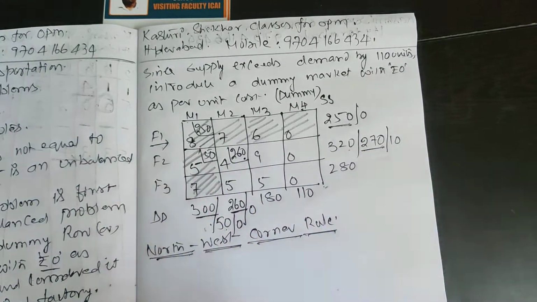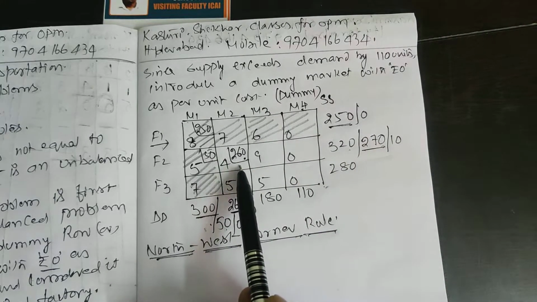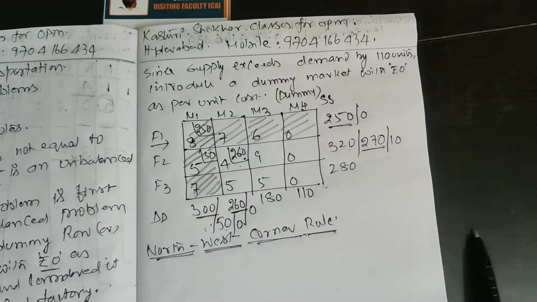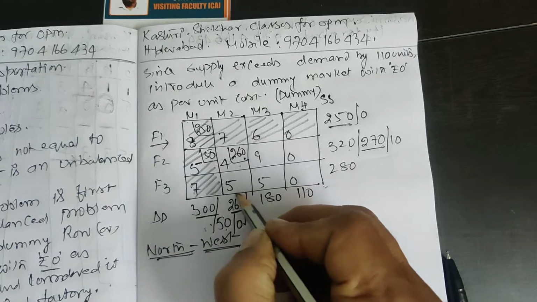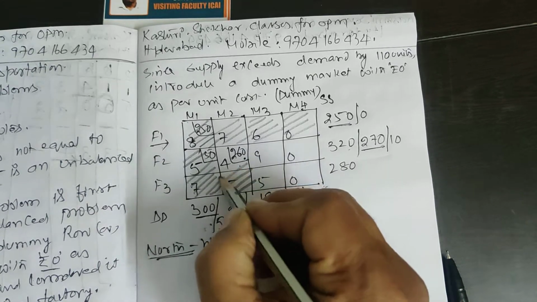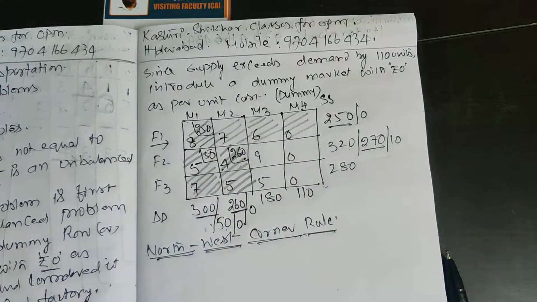Availability now reduced to 10. From 270 units, 260 units are supplied to the second market. Now look at this. This market requirement is fully satisfied. It is eliminated from the picture.